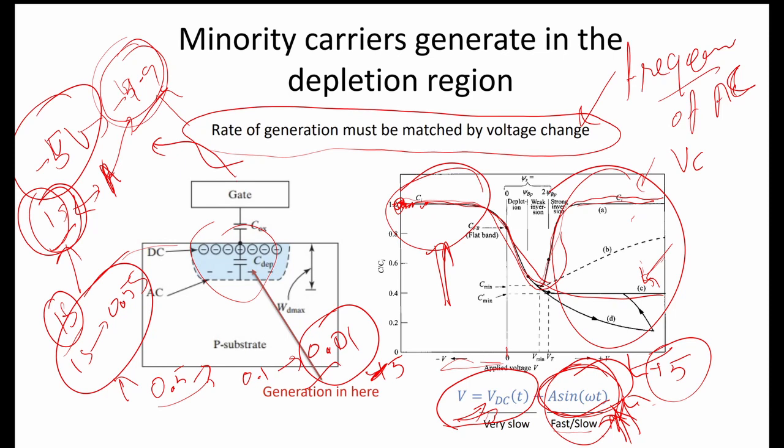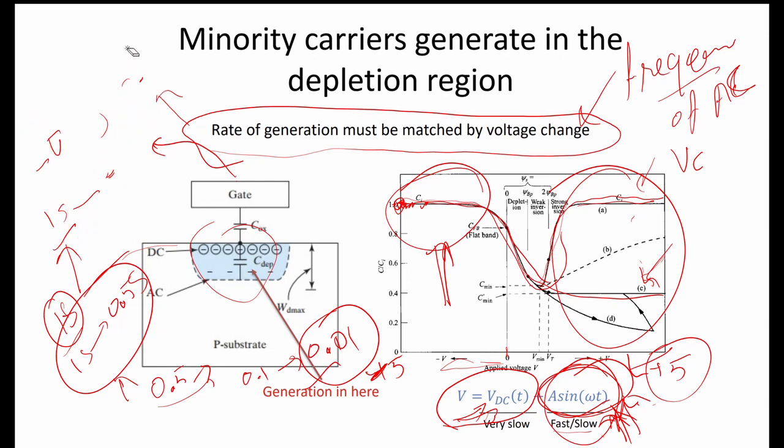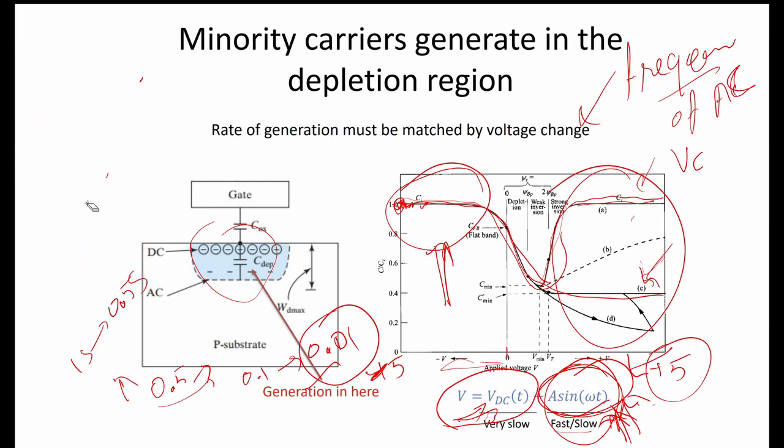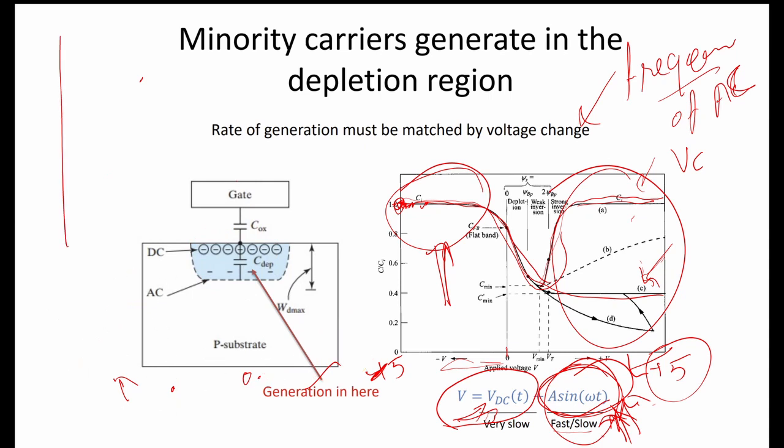Okay, what I can show you is, in the deep depletion region case, we already have the depletion region width this much. So this is already depleted, and in the very short 0.01 second, after this 0.01 seconds, it didn't come to the equilibrium.